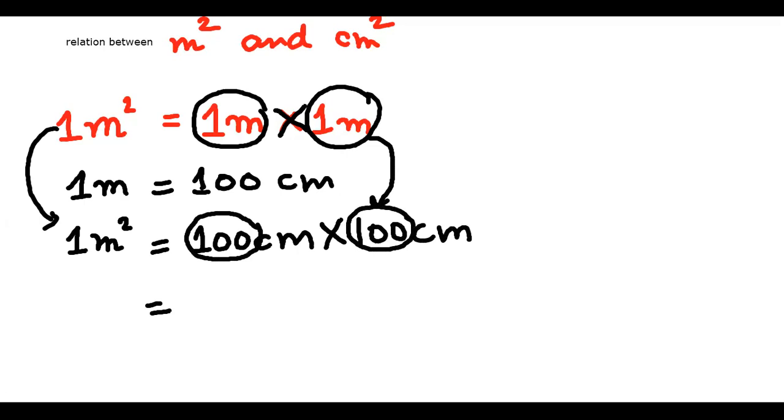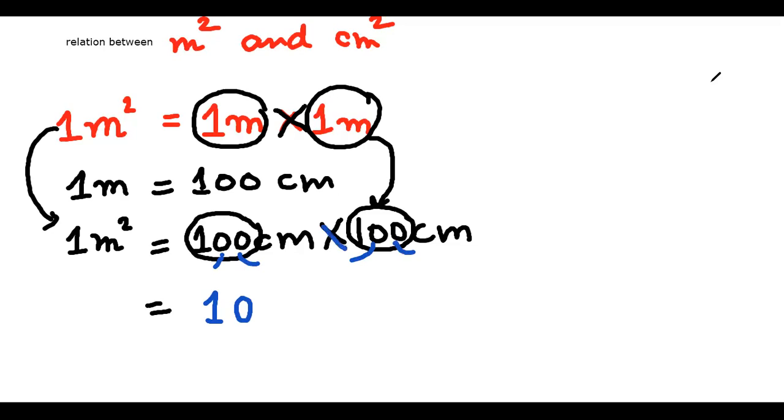Children, let us learn to write it in exponent form. First step, write down 10. Then count the number of zeros here: 1, 2, 3, 4.